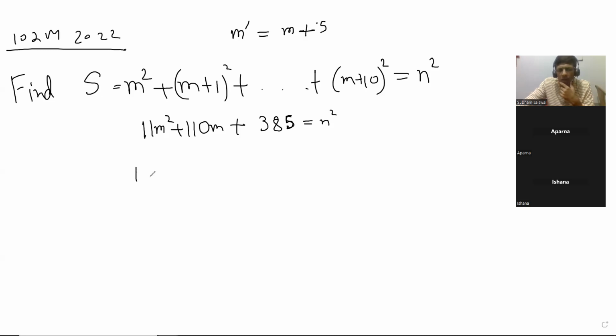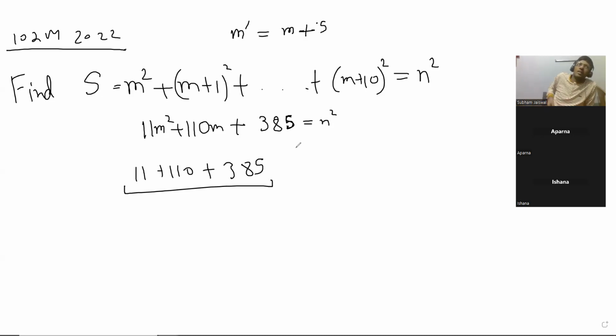What do you mean by minimum value for n? You get this number. If it is not a perfect square, most likely, then we can find out its square root approximately to find the minimum value for n. So it's 110 plus 11, and you get 6,506.